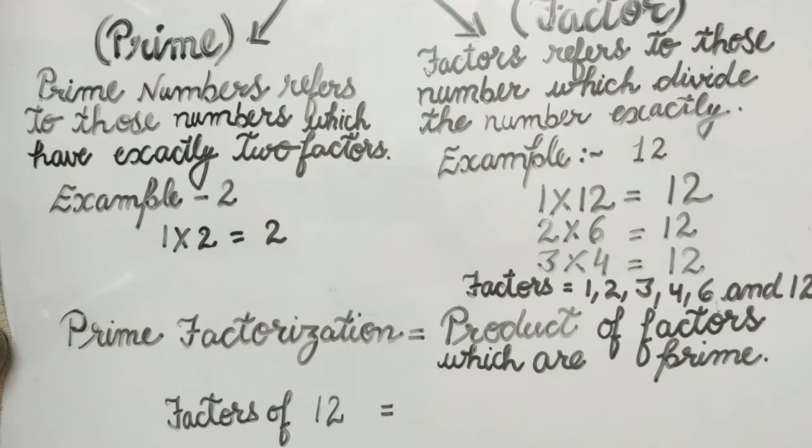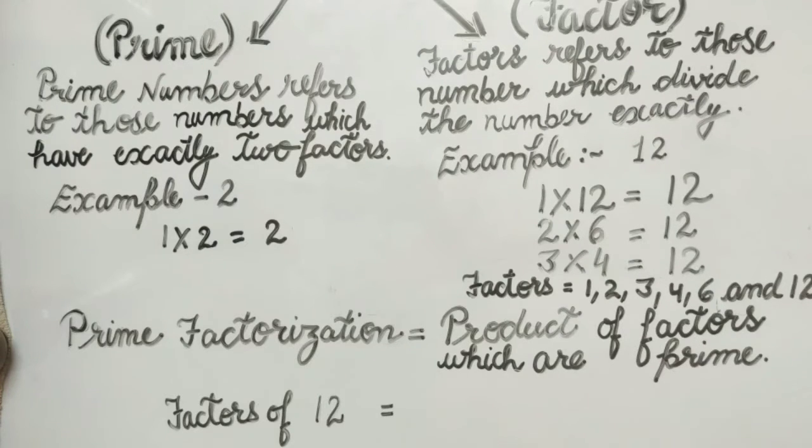Let us take the example 12. Students, I told you, prime factorization means product of the factors which are prime. So we will write 12 as a product of the factors which are prime.